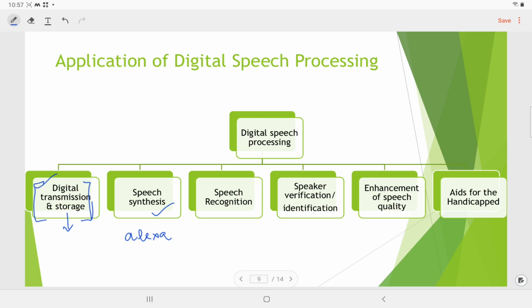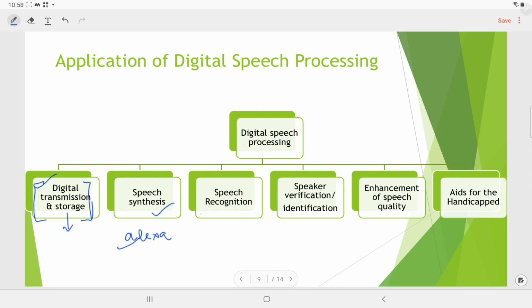Suppose you are going to a ticket counter and you need a ticket, you can just speak it: I need a ticket from this place to this place. That is recognized by a system, and then a ticket is generated and given to you. So that also comes here. Some speech synthesis part is implemented in the device.